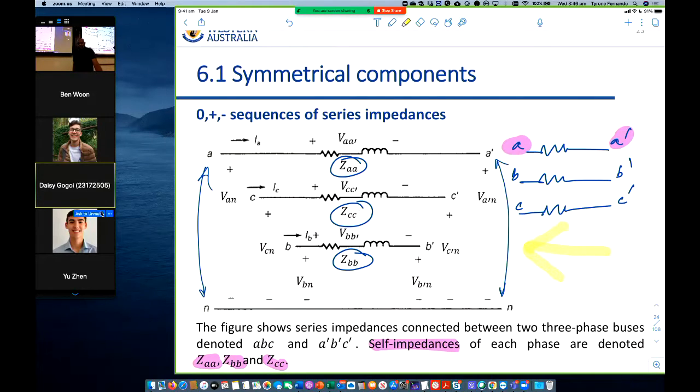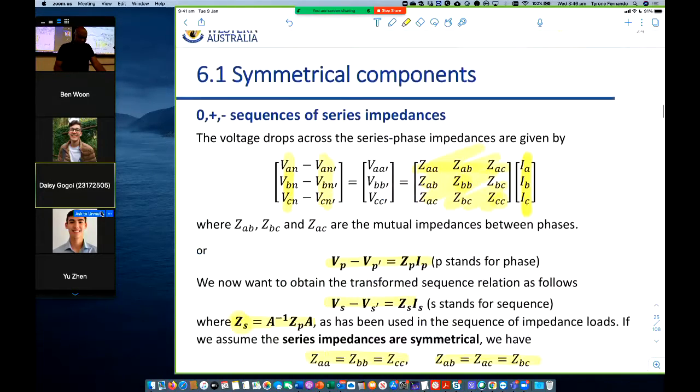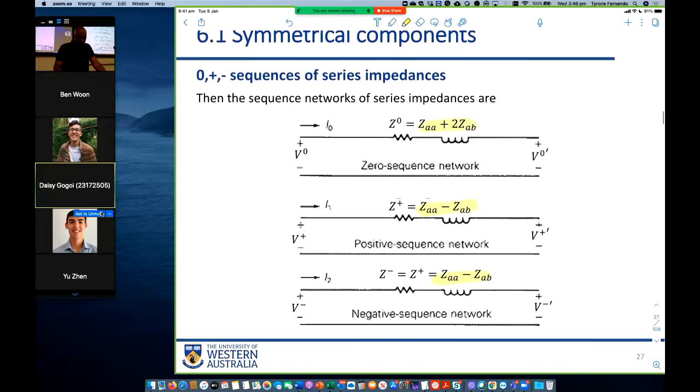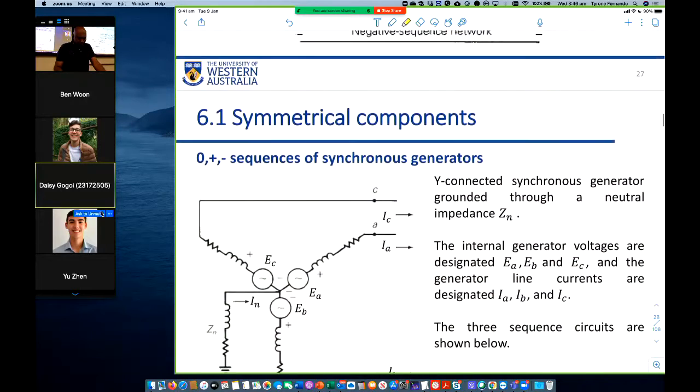So what have we done so far? We've looked at a star connected load and the neutral connecting to ground, and the sequence circuits for that. We've looked at a delta connected load and the sequence circuits for that, and we looked at the series impedances and the sequence network for that.